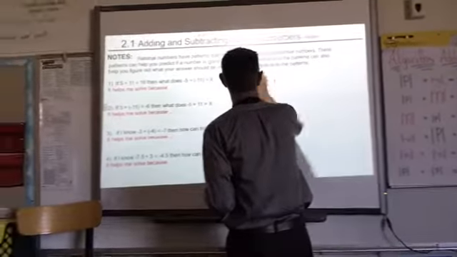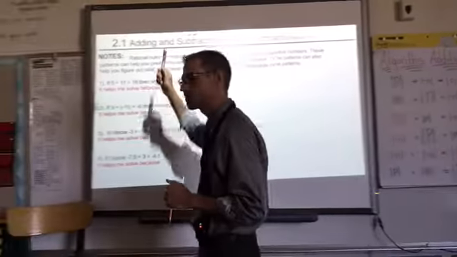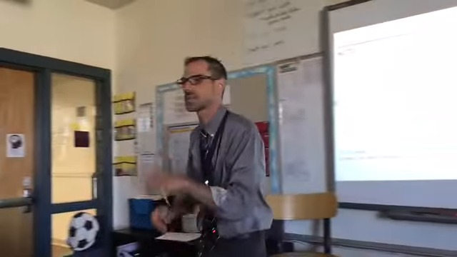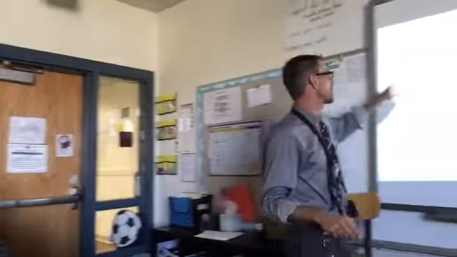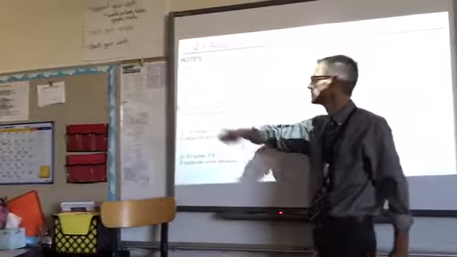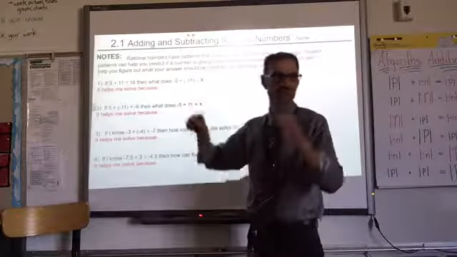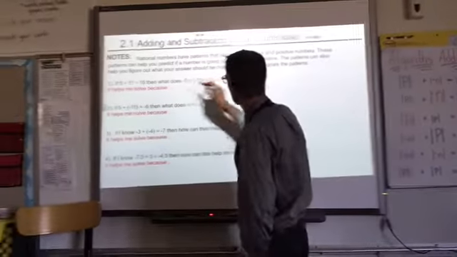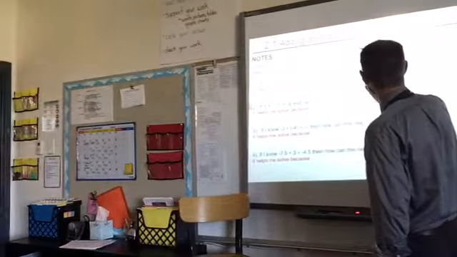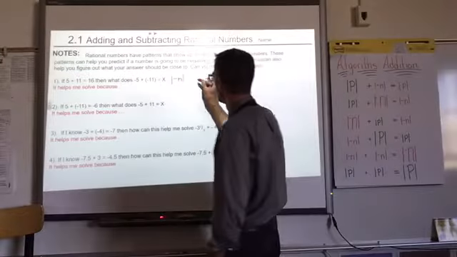So what we're looking at is rational numbers, trying to predict the pattern of what is going to be positive and what's going to be negative. So here, 5 plus 11 equals 16. Then what does negative 5 plus negative 11 equal? The algorithm for this would be: negative 5 is smaller in absolute value than negative 11.